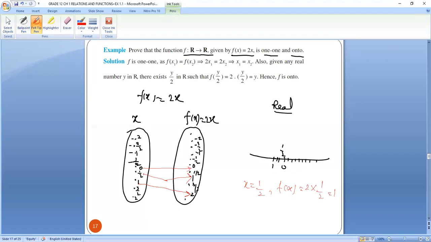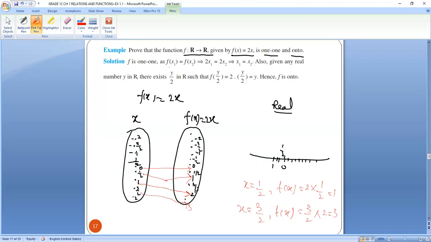If I'm taking x is equal to 3 by 2, f of x will be 3 by 2 into 2, which is 3, so 3 by 2 will be mapped to 3. If I'm taking negative values, even then for every element on the left hand side there will be one unique element on the right hand side. So f is 1-1.